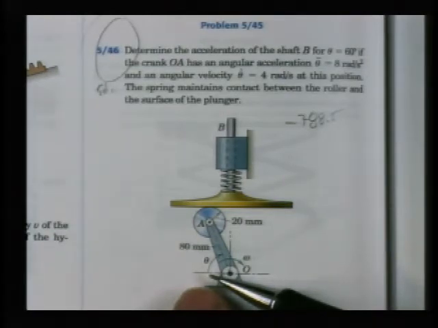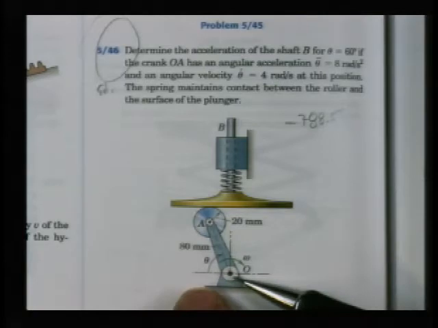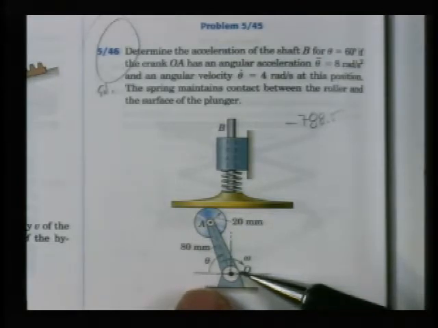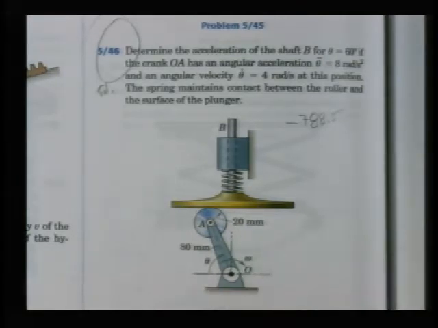There's an angular acceleration to this arm of 8 radians per second squared, and there's a particular angular velocity when theta is 60 degrees. We're looking for that vertical acceleration.